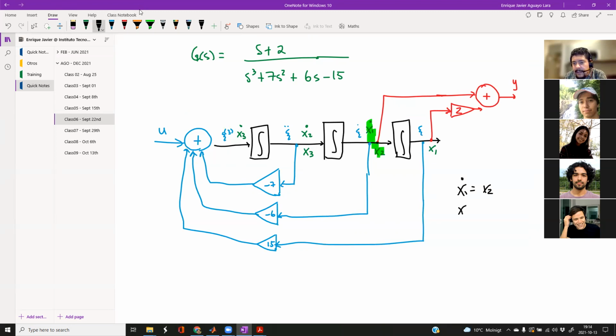The derivative of x2 is equal to x3. Again, this is the equation that I'm referring to.